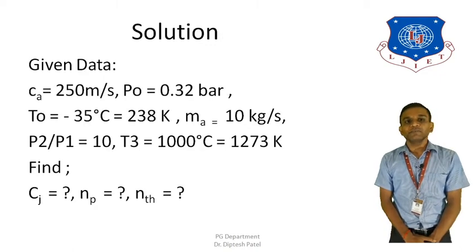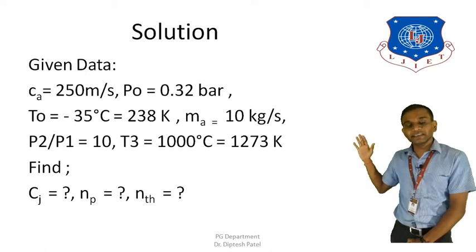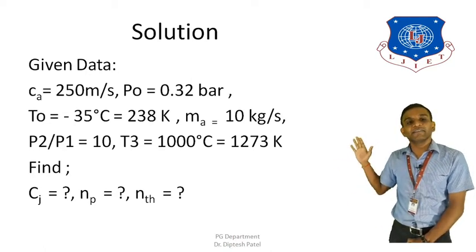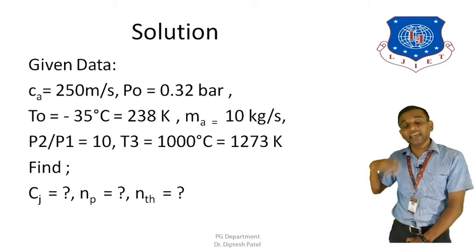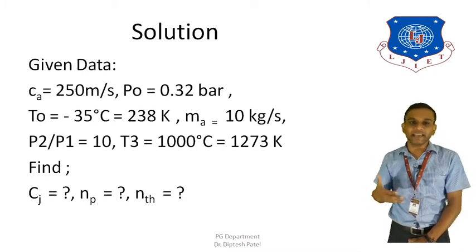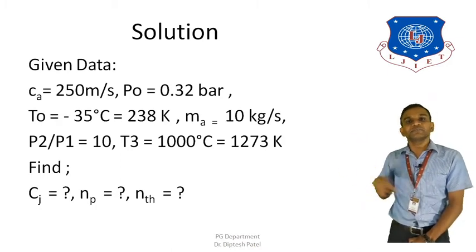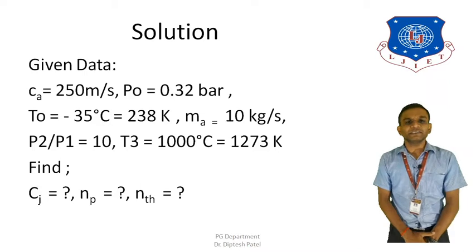First of all, we go through the given data. The first thing is Ca, the velocity of air entering the aircraft, that is 250 meters per second. Then the pressure at inlet, which we consider P0, that is 0.32 bar.